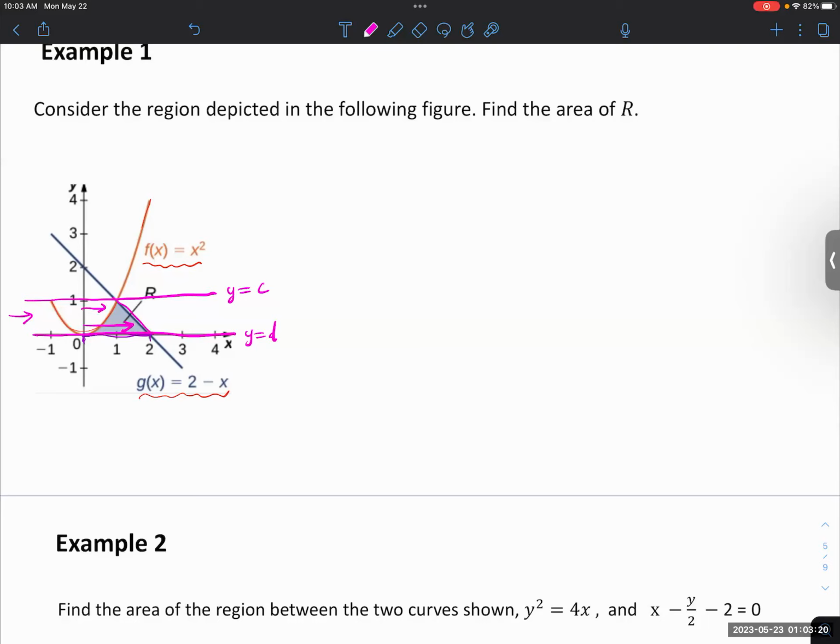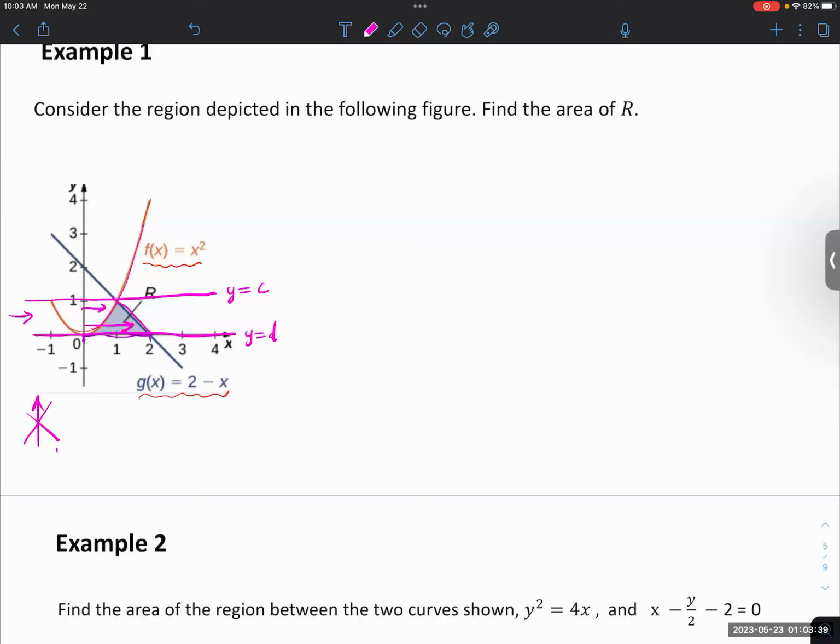Does it make sense? So in this question, taking the integral with respect to y is much better because you can compare which height is higher than the other. When you look at it vertically, it's hard to compare which function has the higher height, correct?